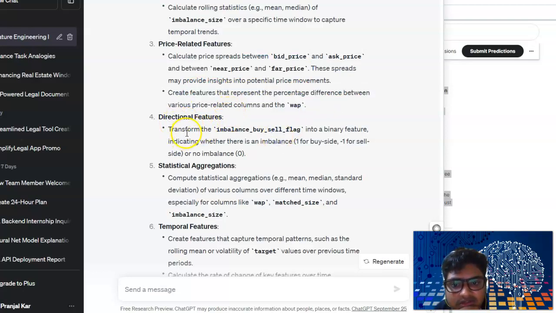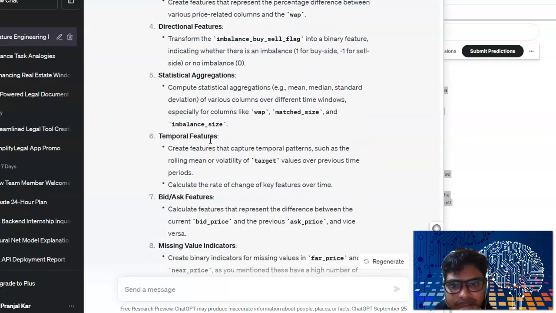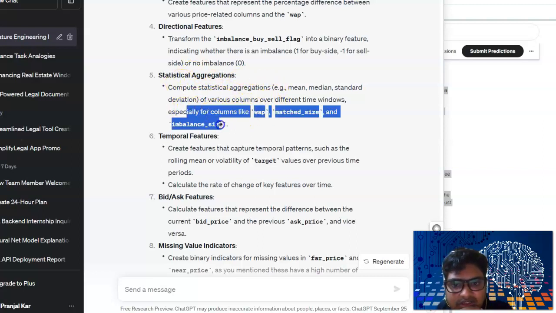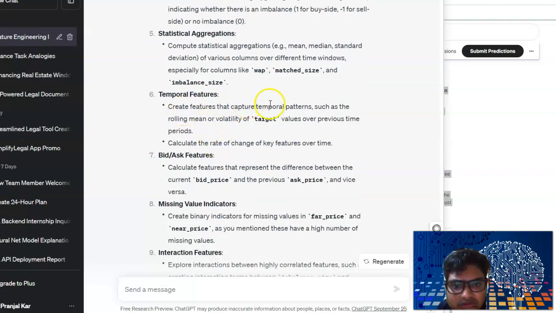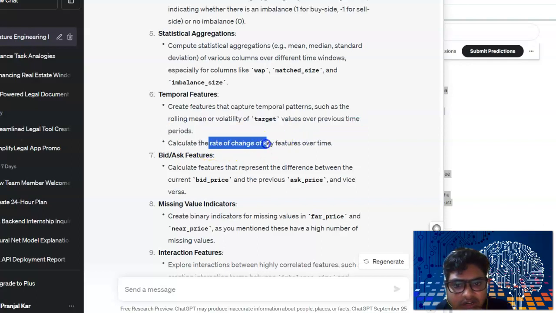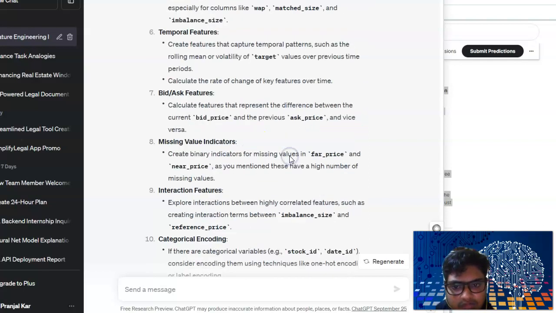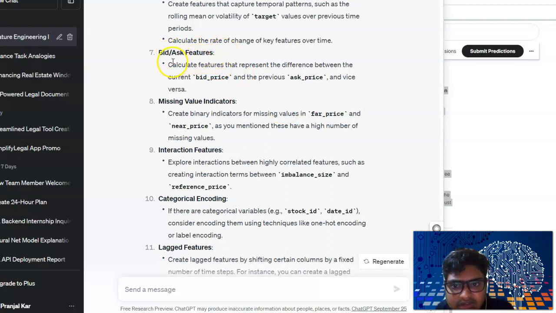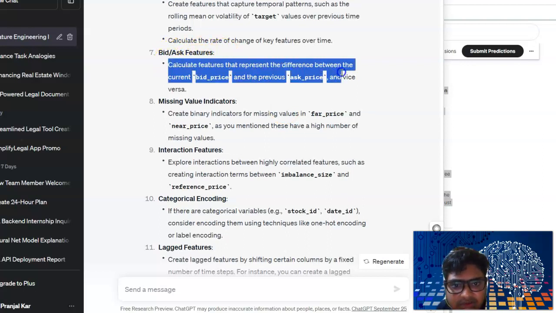Relational features, as we have talked about, create three variables. Statistical aggregation for this. Okay. Temporal features: rate of change of key features over time. Bid or ask features, features of the time difference, current bid price versus the previous ask price.